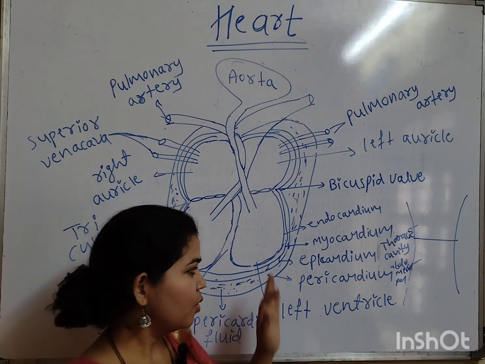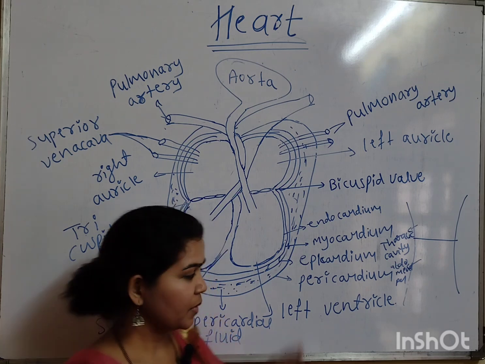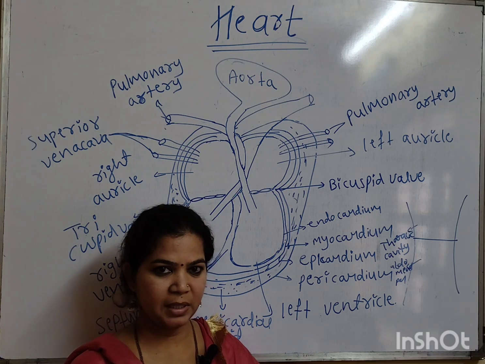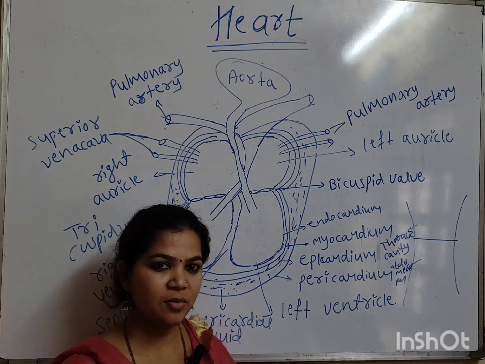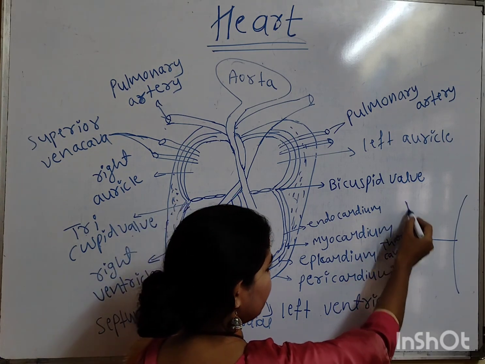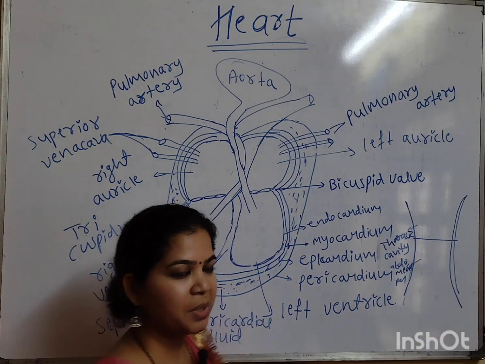So let's see what is the location of the heart, where it is located. Our heart is located in the chest cavity. In our body we have two main parts.